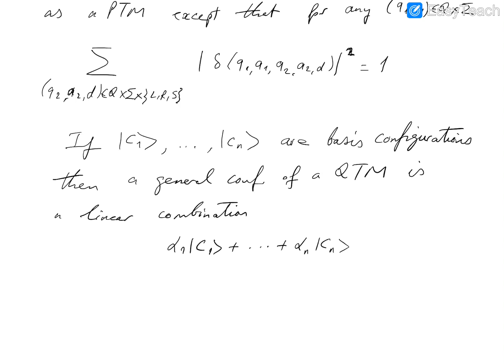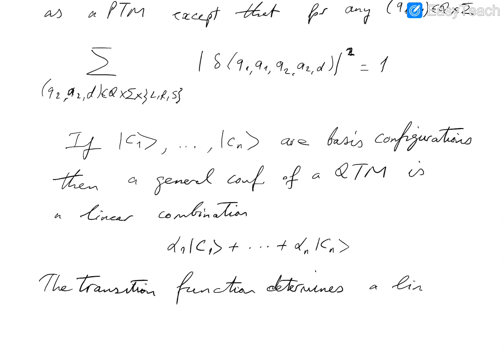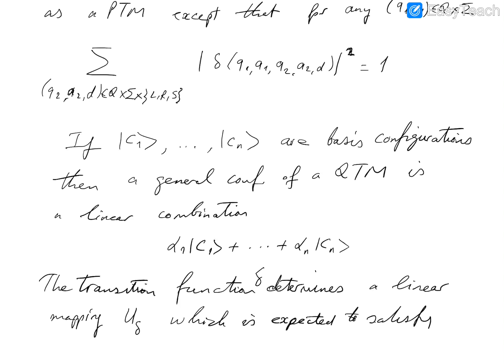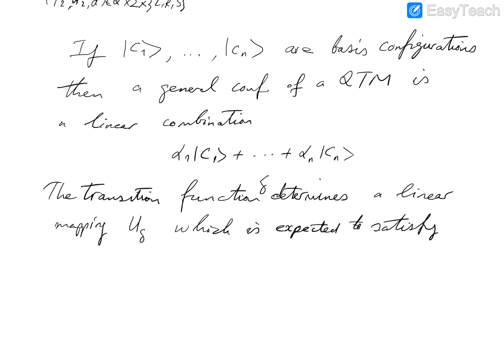The function delta determines a linear mapping U delta, which is expected to satisfy what we call the well-formedness conditions.